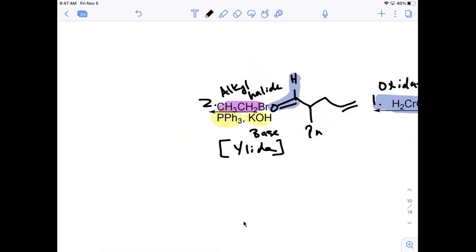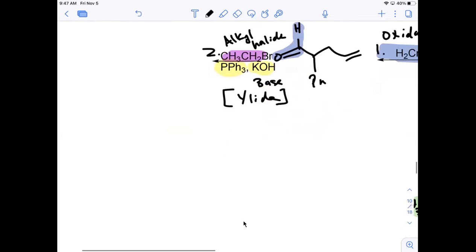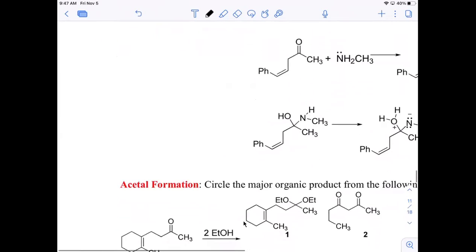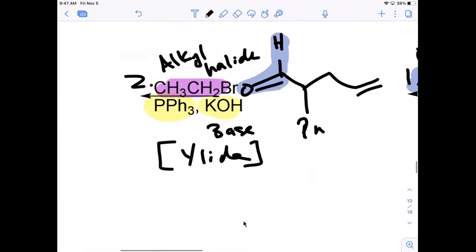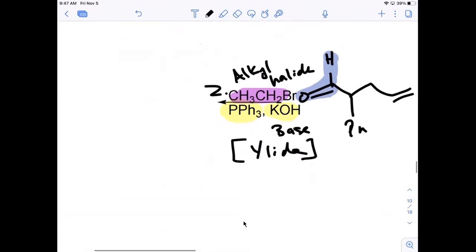I gave you a little method the other day, and let's see if you remember what we talked about. So without going through the arrow pushing, because all that stuff is down here in the handout, and we're going to go through arrow pushing, mechanisms, all that stuff. But how do I get to the product? I don't have to show the steps.